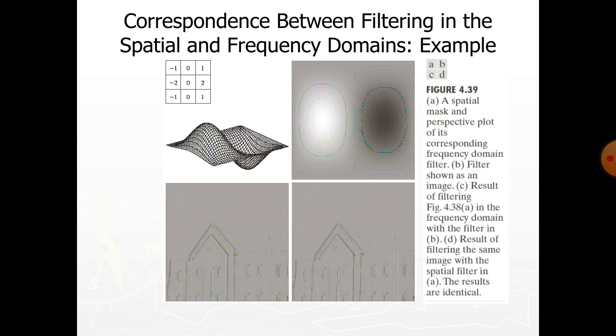Because the input image is of size 600 by 600 pixels and the filter is of size 3 by 3, we avoid wraparound error by padding f and h to size 602 by 602 pixels.